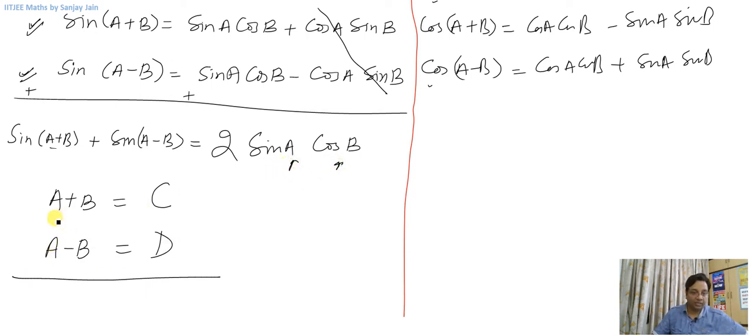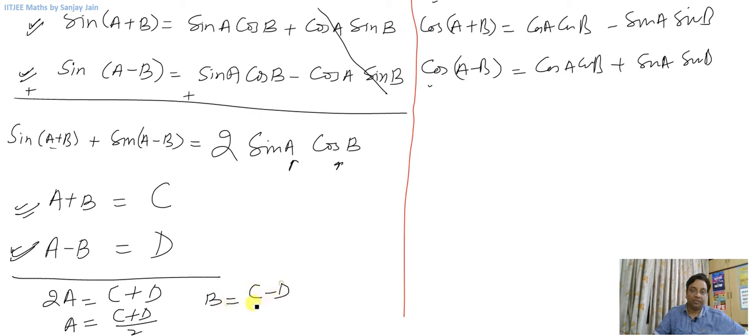If I add these, I'll get 2a equal to c plus d, so a will be equal to c plus d by 2. And if I subtract this from this, I'll have 2b equal to c minus d. Hence b will be equal to c minus d by 2.